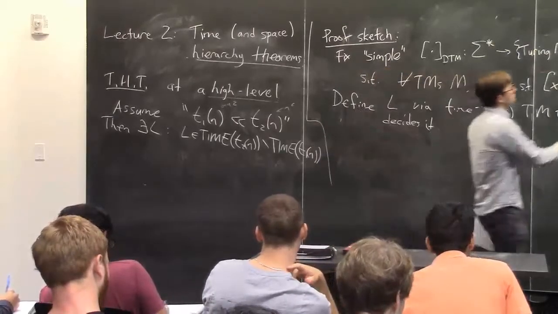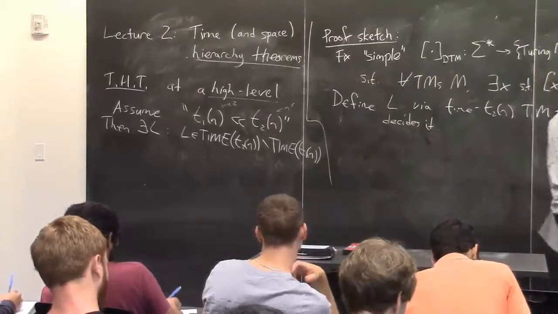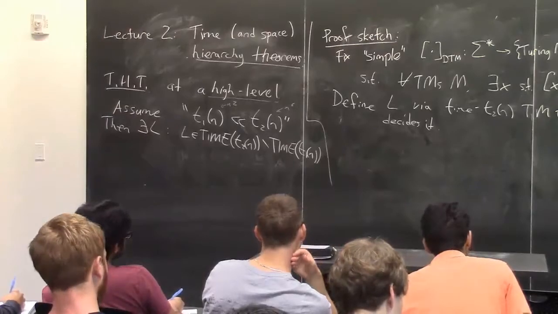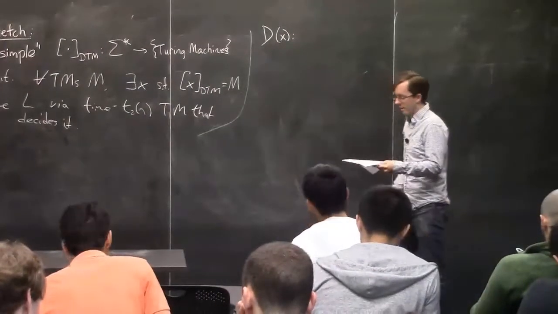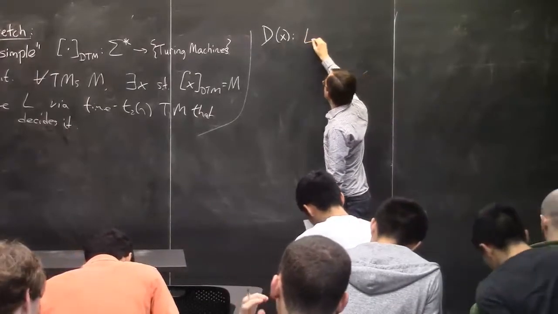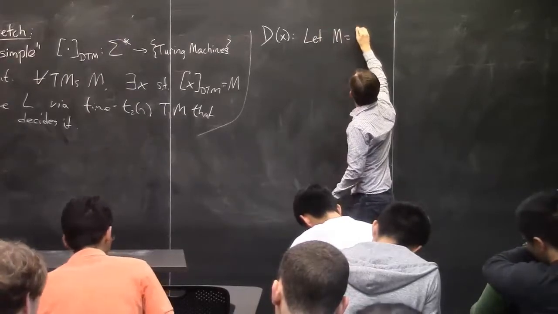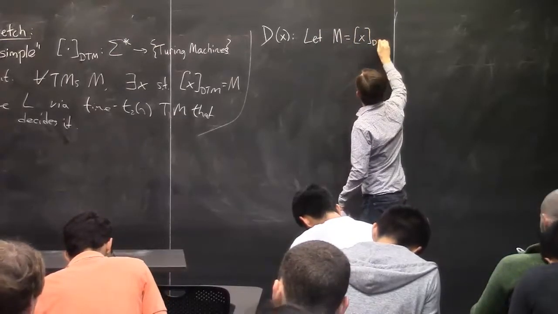Let me put up here the key thing, the magic Turing machine D, for diagonalization, that does the job. D takes as input some string x. Here's what it does. First, it lets M be the Turing machine encoded by its input string.